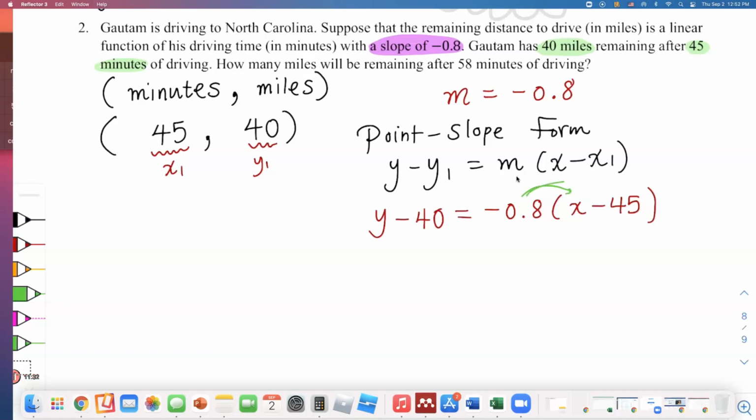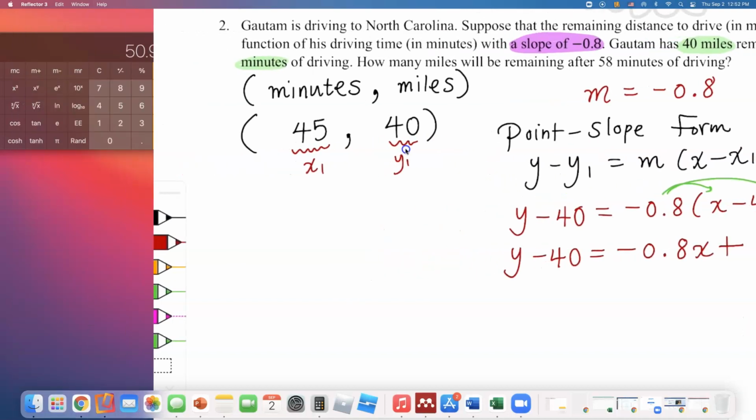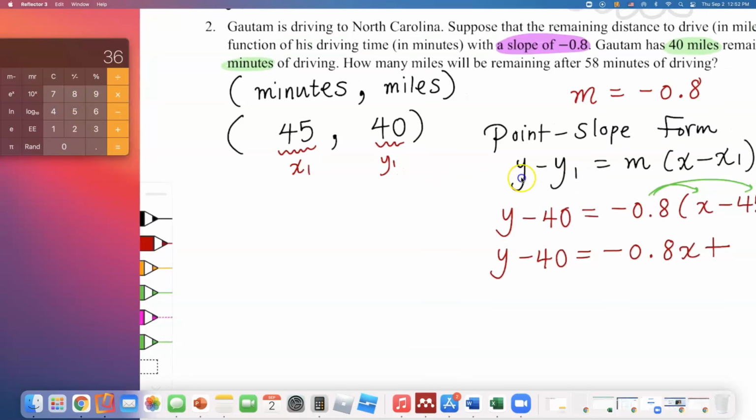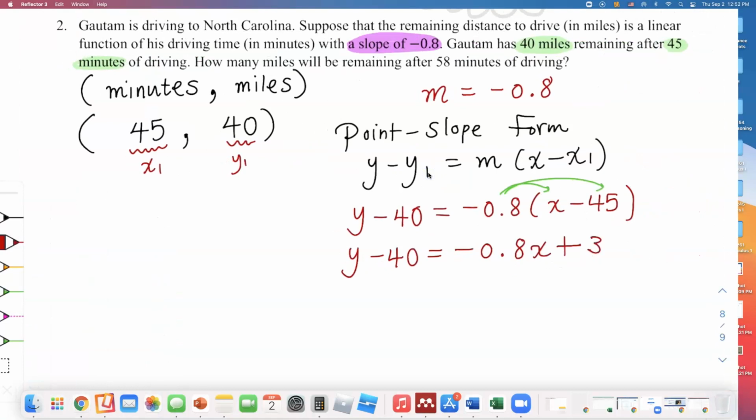Distribute this negative 0.8, we'll get y minus 40 equals negative 0.8x plus, because negative times negative is positive, but let me multiply. If I multiply 0.8 times 45, that gives me 36. So this is 36 right here. Lastly, I just need to add 40 to both sides.